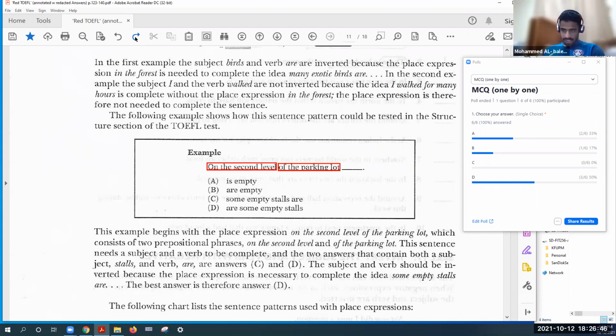Osama? On the second level of the parking lot, some empty stalls are. It is not complete. That's what I mean. The idea is not complete. You understand? So guess what? D. Charlie's wrong. So why, Ahmed?